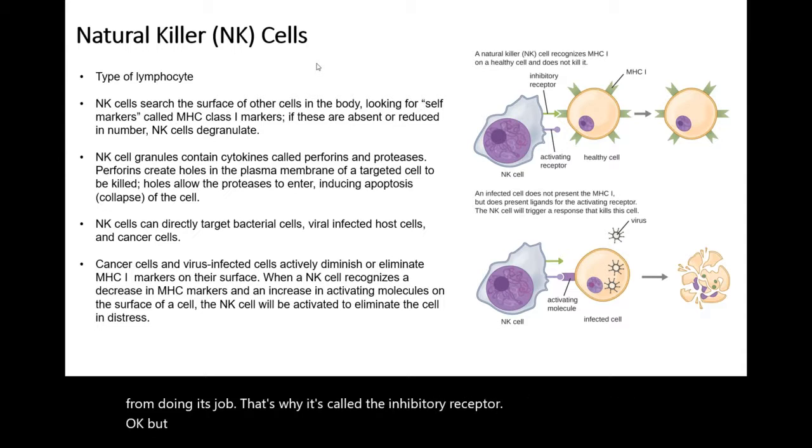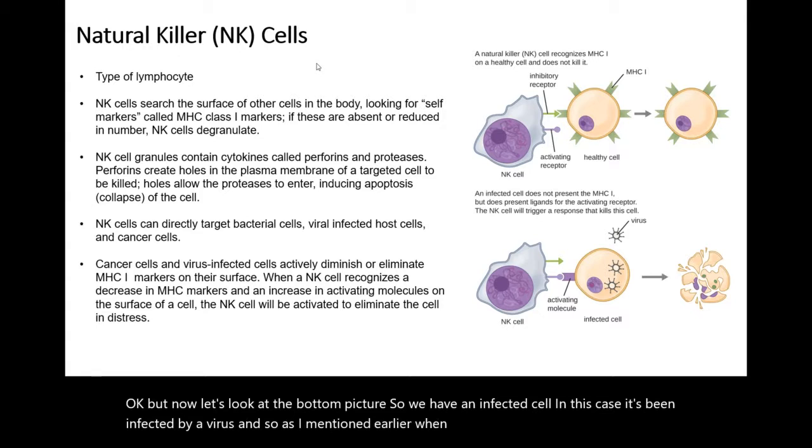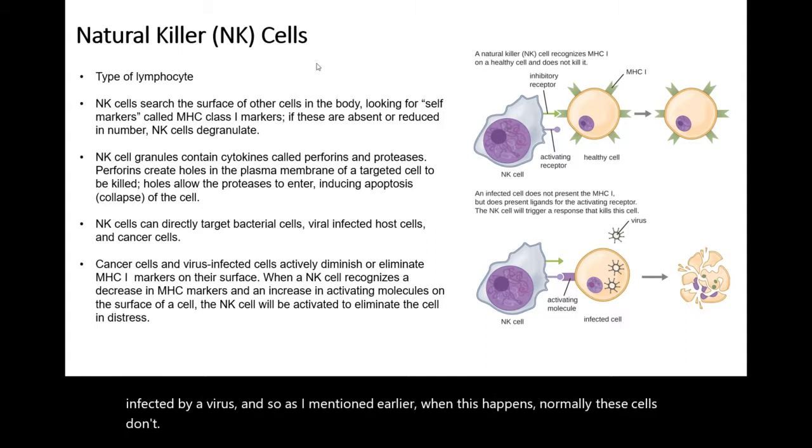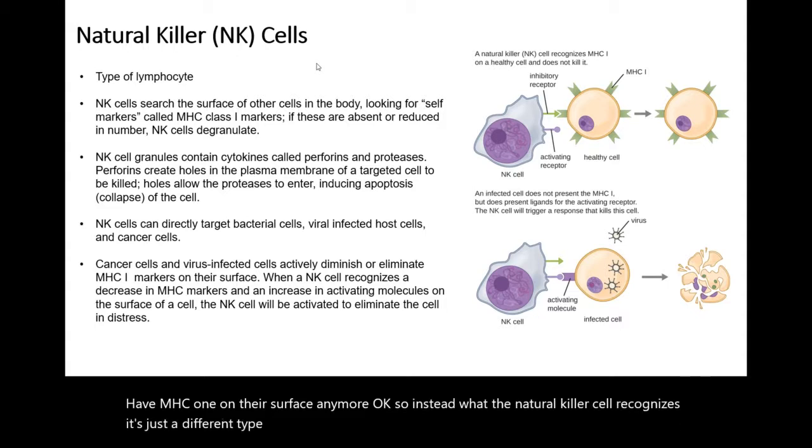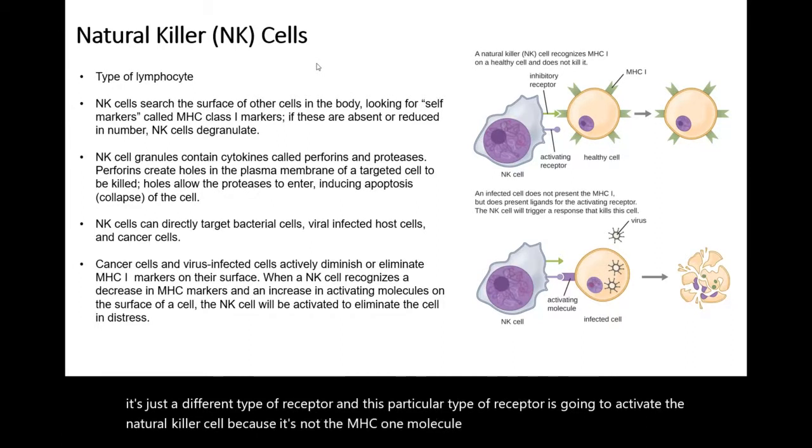Okay, but now let's look at the bottom picture. So we have an infected cell. In this case, it's been infected by a virus. And as I mentioned earlier, when this happens, normally these cells don't have MHC1 on their surface anymore. So instead, what the natural killer cell recognizes is just a different type of receptor, and this particular type of receptor is going to activate the natural killer cell because it's not the MHC1 molecule, which means something is wrong.